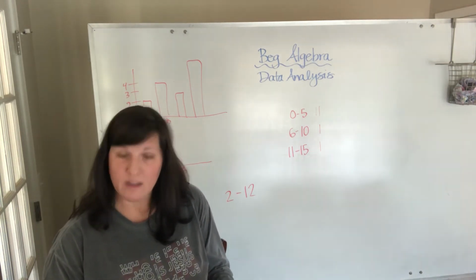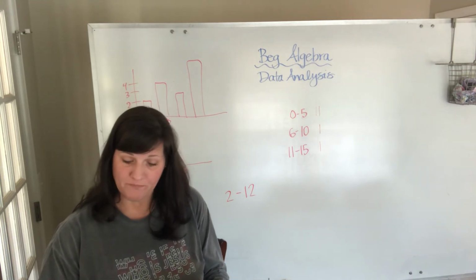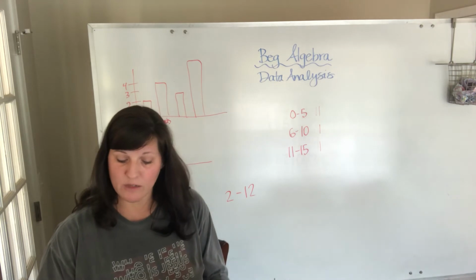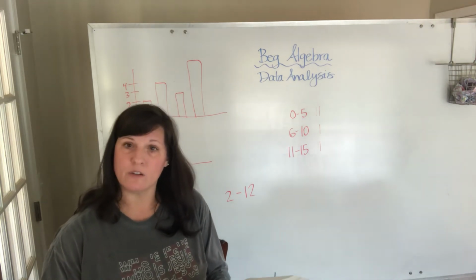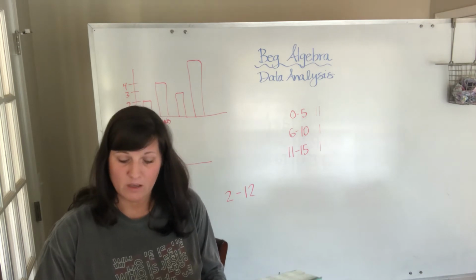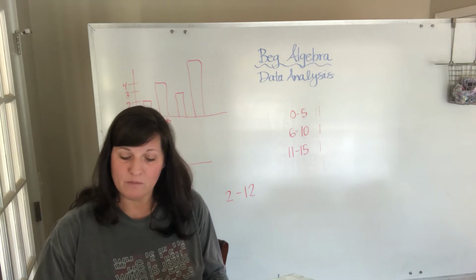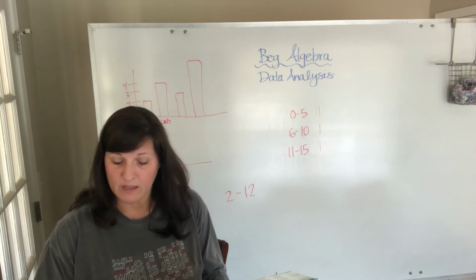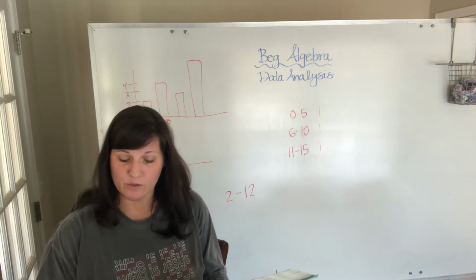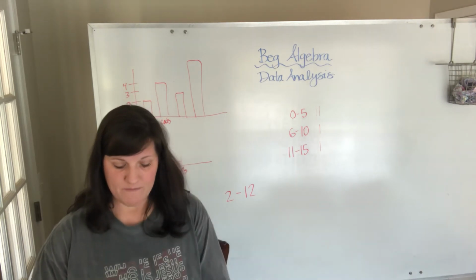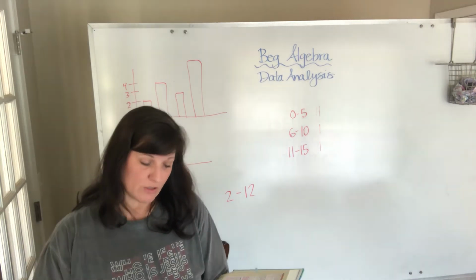And then if you look on the top of page 583, they use that tally information, those intervals, to make the histogram. You'll notice the histogram, there's no space in between the bars. You'll notice along the bottom are the intervals, 6 to 8, 9 to 11, 12 to 14. And then up on the left side, 0, 2, 4, 6, 8, those also go in even intervals, okay? And that's where your tally is.